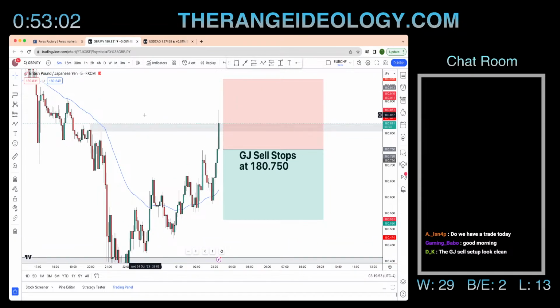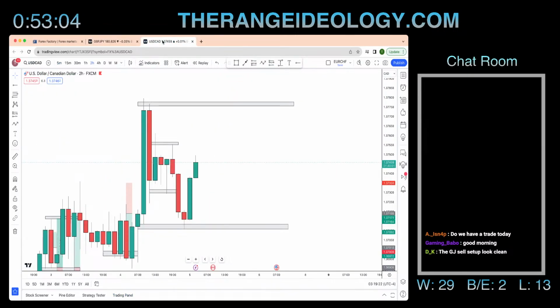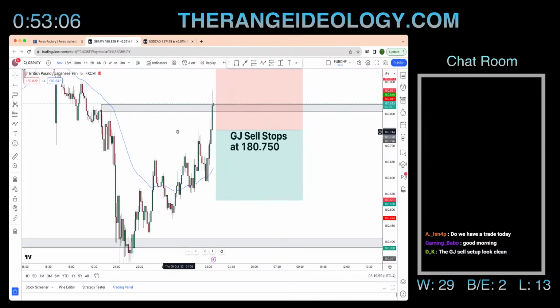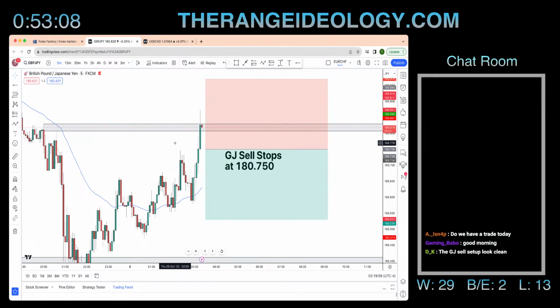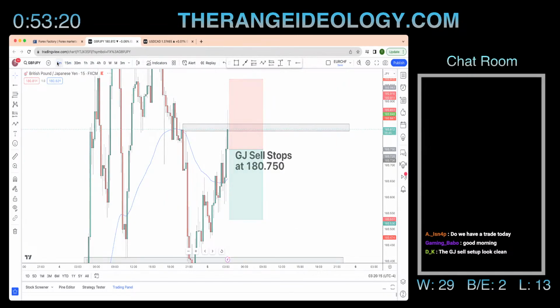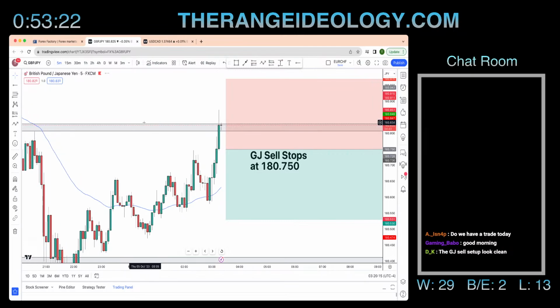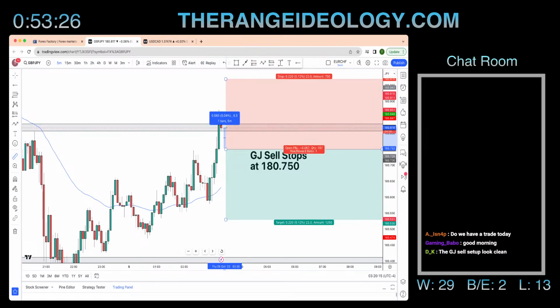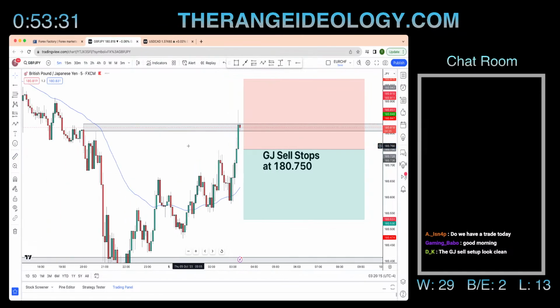We got a 5-minute candle close coming. Again, could get a bearish push here. Let's see.